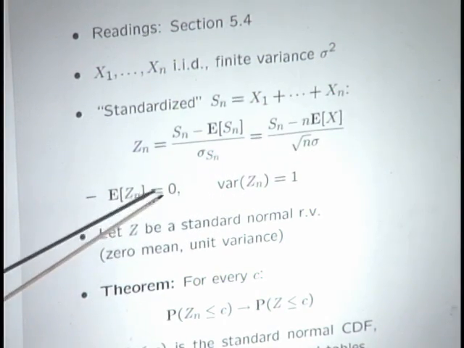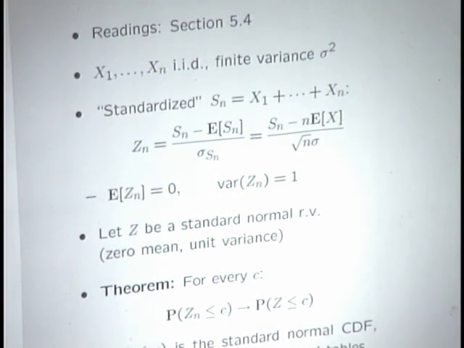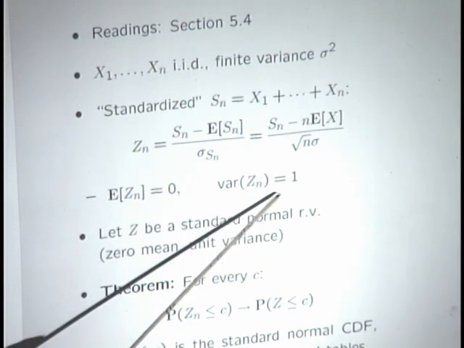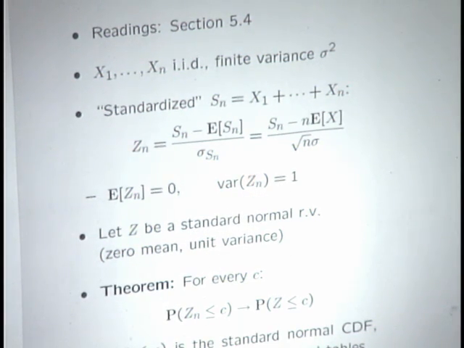After we do this, we obtain a random variable that has zero mean. It's centered. The variance is equal to 1. And so the variance stays the same no matter how large n is going to be. So the distribution of Zn keeps changing with n, but it cannot change too much. It stays in place.